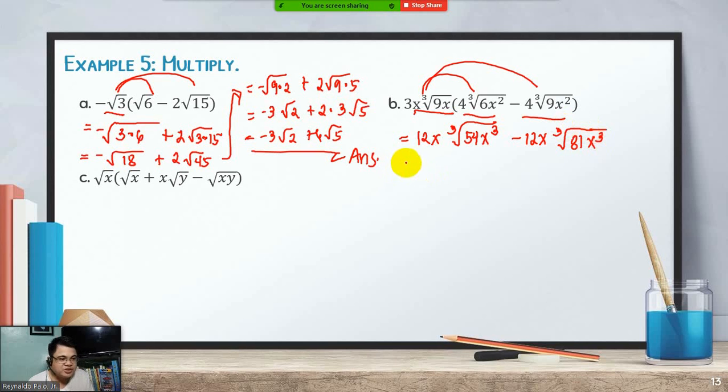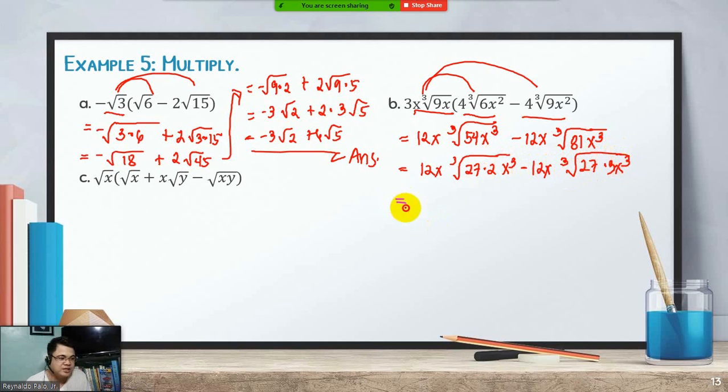Then of course, we will be simplifying the radicals. So 12x cube root of 54. Two factors of 54 are 27 and 2, wherein 27 is a perfect cube. x cubed minus 12x cube root of, factors of 81 are 27 and 3, x cubed.